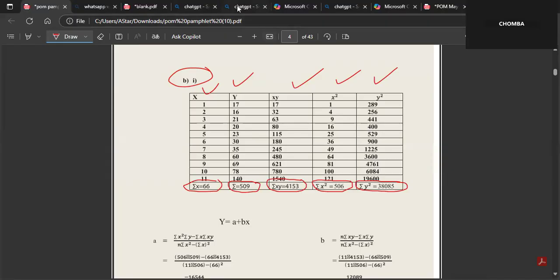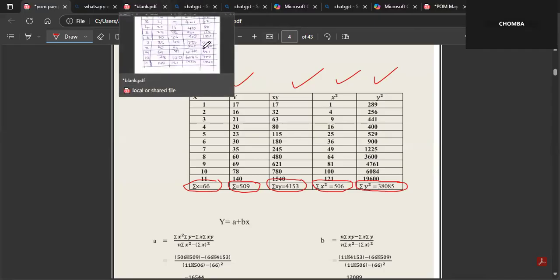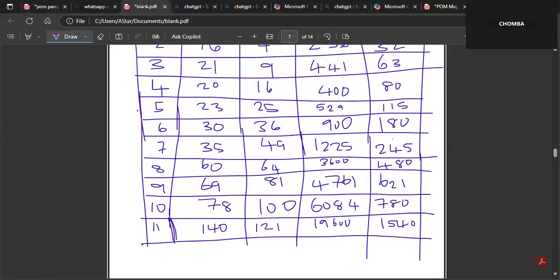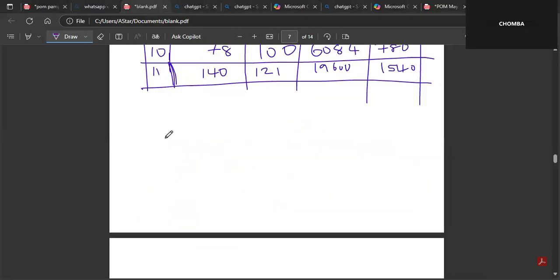So you can come here and now use a simplified formula. You can use the longer ones, but they may seem cumbersome. So let me give you a simplified one. Here it is: 66 and 509 are the totals.